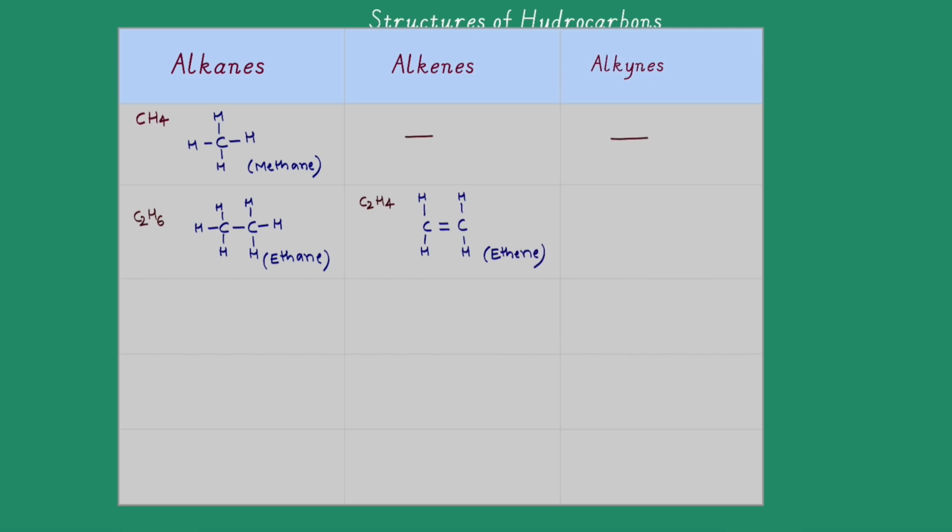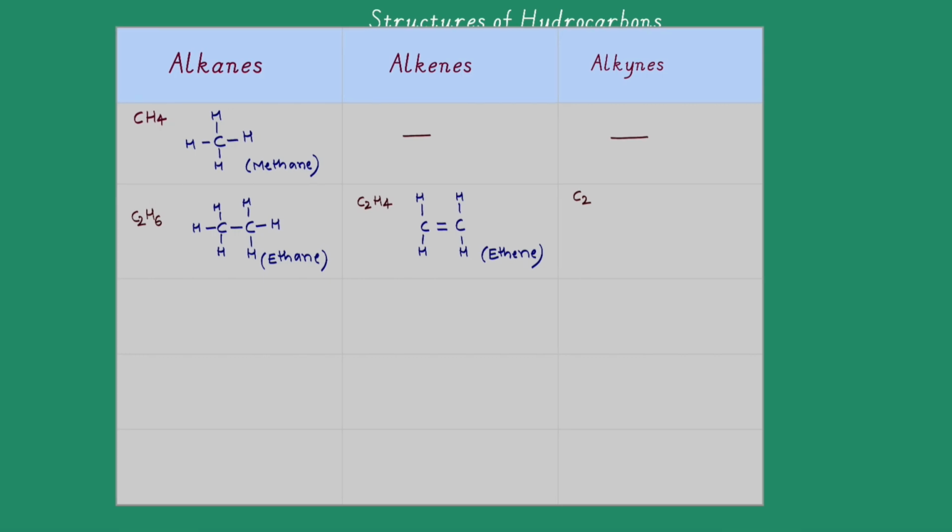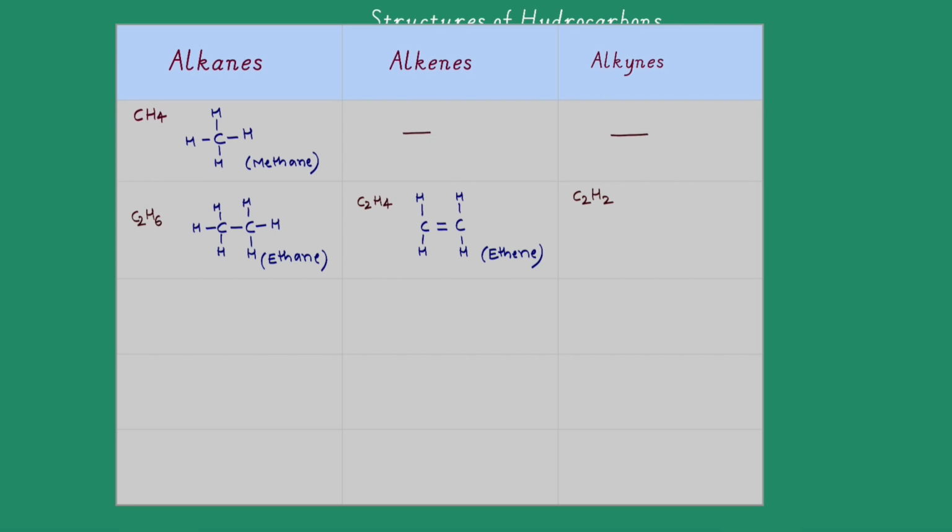Now alkyne, that is ethyne. What is the formula of ethyne? Two carbons, double four minus two, so two hydrogens. C2H2 is ethyne, and its structure will be: two carbons, carbon and carbon, and between carbon and carbon there should be a triple bond, because it is an alkyne.